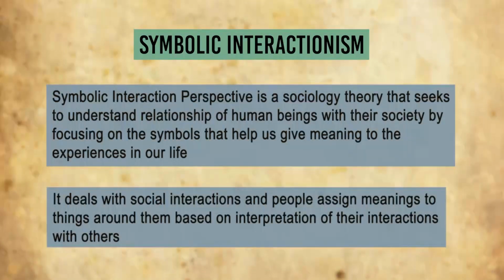It deals with social interactions, and people assign meanings to things around them based on interpretation of their interactions with others. So it deals with the social interaction and the kind of meaning the person in particular assigns to that interaction.